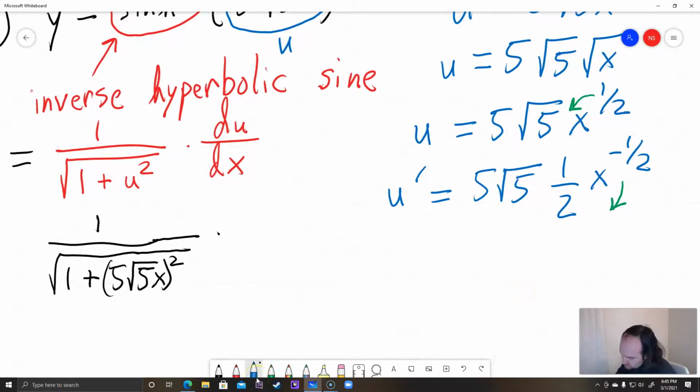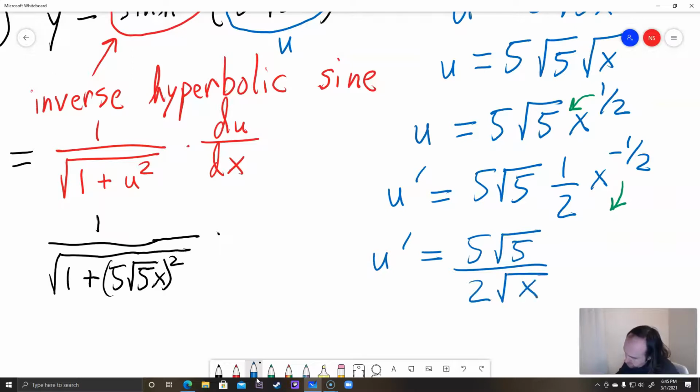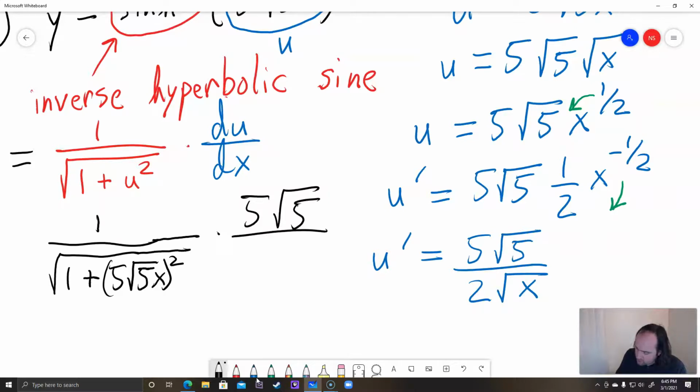So our u prime is 5 root 5 on the top, and on the bottom we have 2 times the square root of x. That's the same as du dx, so that's this bit right here, which I'll write in blue. Plugging in, we have 5 root 5 over 2 root x for our du dx.